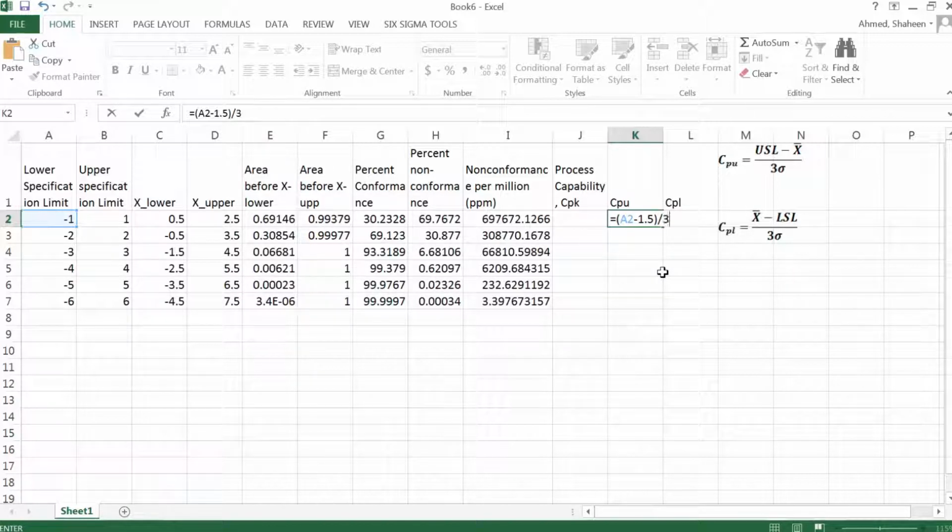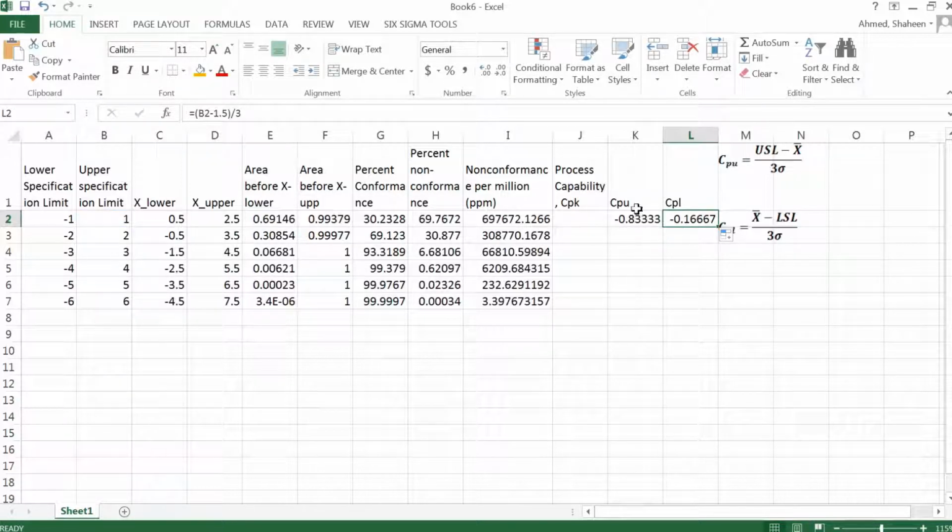Sigma cancels out from the numerator and the denominator, and copy there, and this is copying that upper spec limit. However, I think this one is actually lower, this one is upper spec limit.